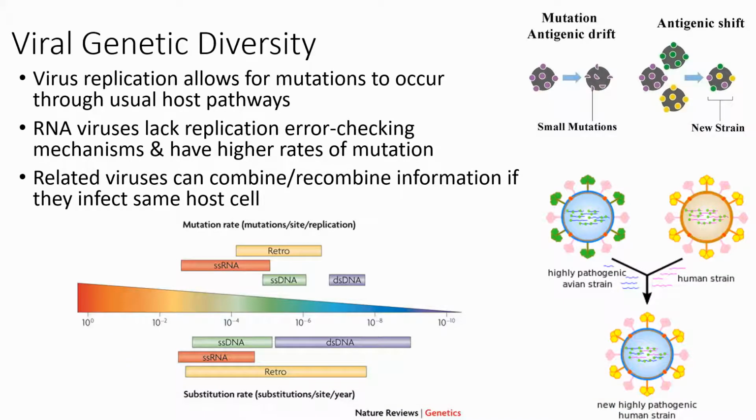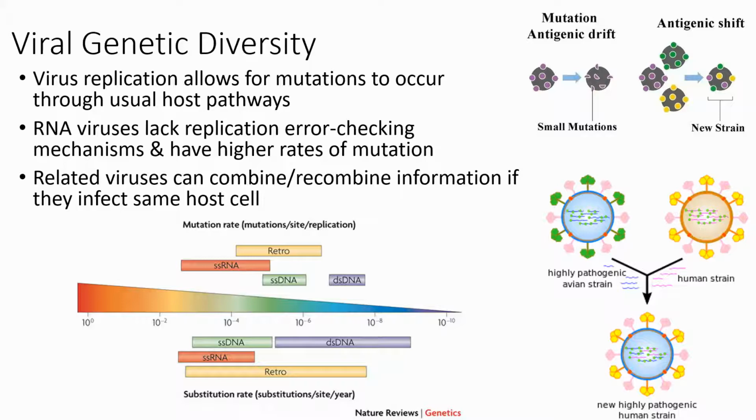Viruses can have a lot of genetic diversity. There are a couple of ways that they can actually change. The usual places you have any sort of mutation are going to happen with viruses: DNA replication, transcription, you might even get a mutation. They don't have anything to check for errors, so they don't check their DNA or RNA for mistakes. And they do have some pretty high rates of mutation.